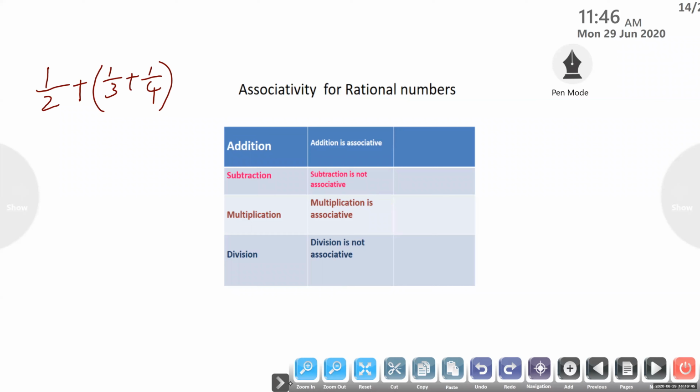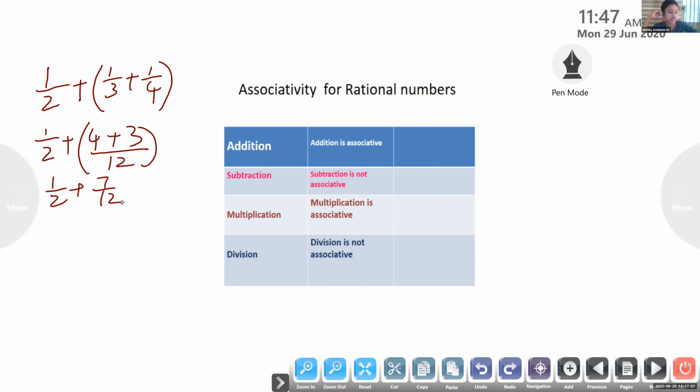Okay, 1 by 2 plus 1 by 3 plus 1 by 4. 1 by 3 and 1 by 4 are in one bracket. So this is equal to 1 by 2 plus, this is 4 plus 3 divided by 12. So it is equal to 1 by 2 plus 7 by 12. Again on adding we will get 12 plus 14 divided by 24, or it is 26 by 24, or we can simplify it as 13 by 12.